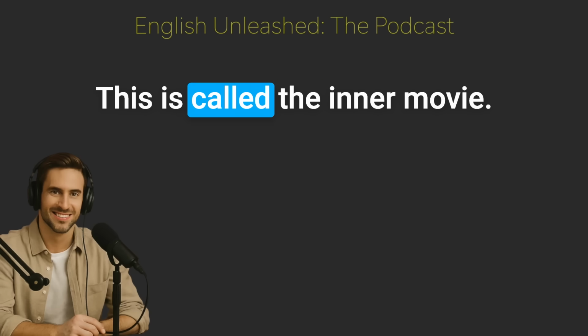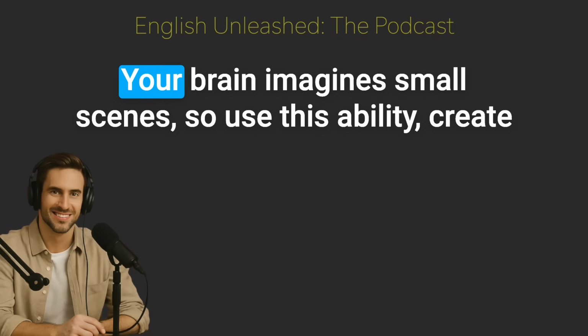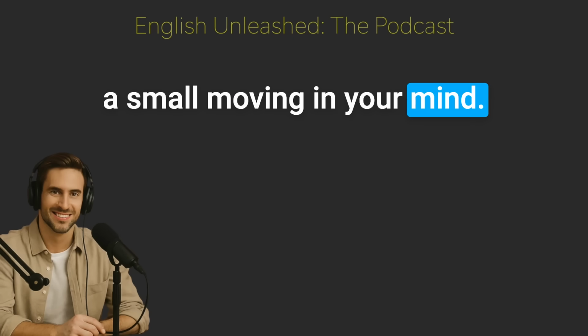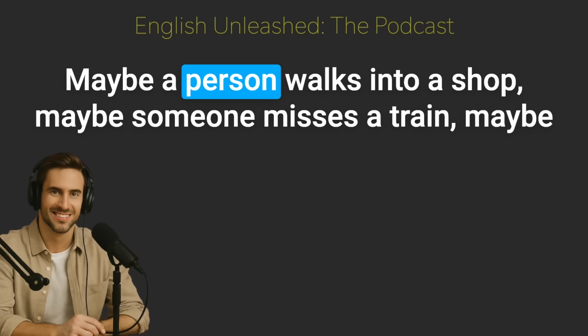All right, now we move on to the final technique. This is called the inner movie. Your brain naturally creates stories. All day long, your brain imagines small scenes. So use this ability. Create a small movie in your mind. Imagine a story. Maybe a person walks into a shop.